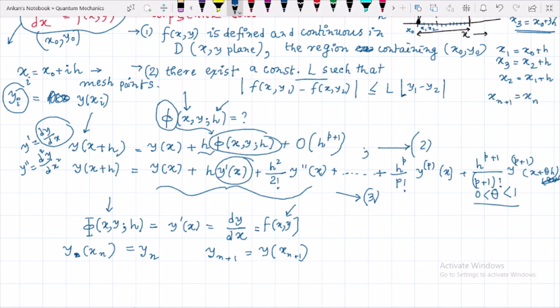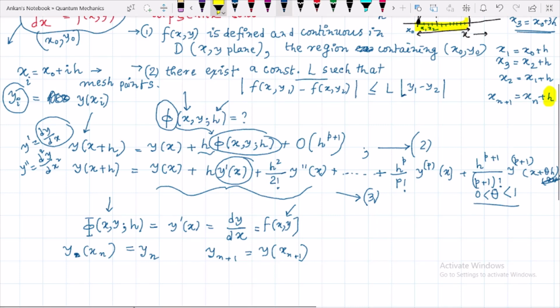It is nothing but xn plus h, since the domain of x is divided in equal parts with the step size h. So xn plus 1 is nothing but xn plus h.